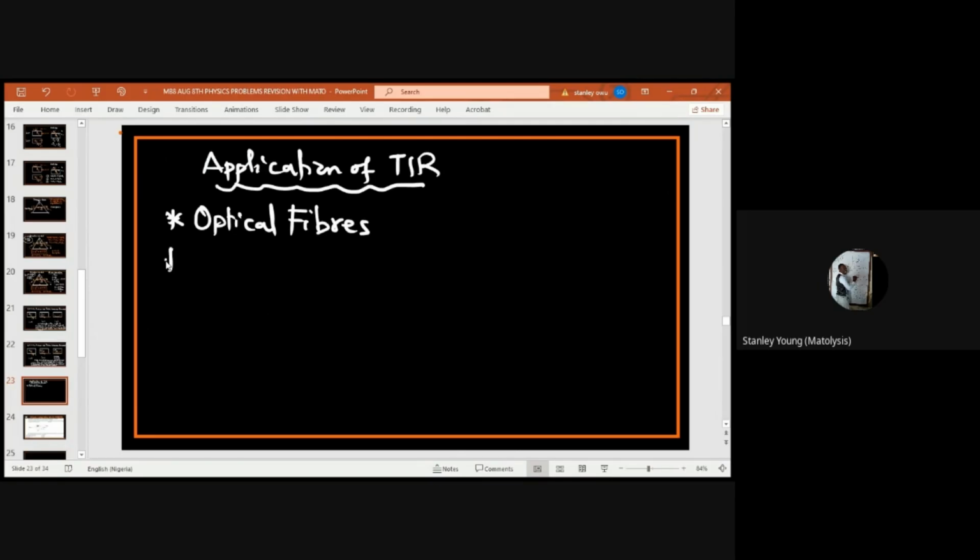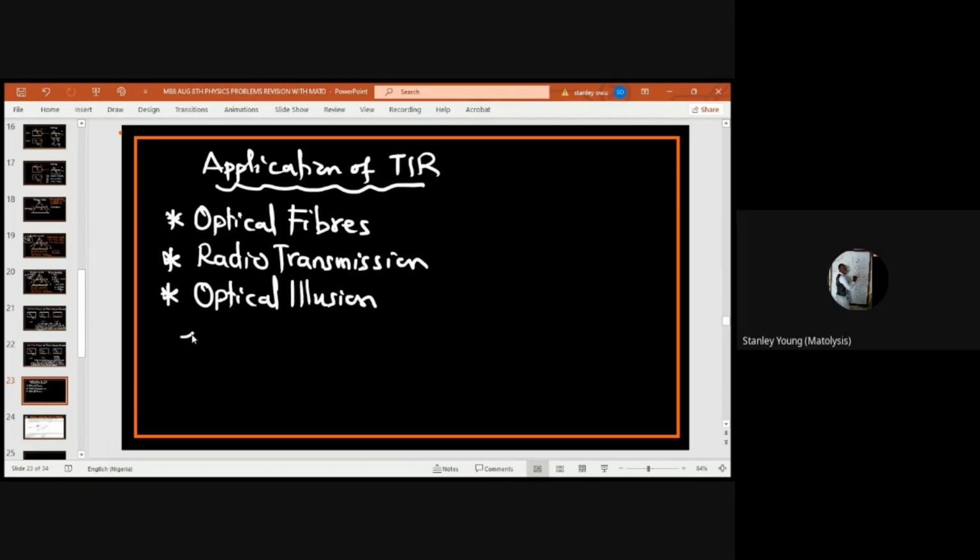Okay, and let's say radio transmission, we make use of total internal reflection. We also make use of it in explaining optical illusion, etc.